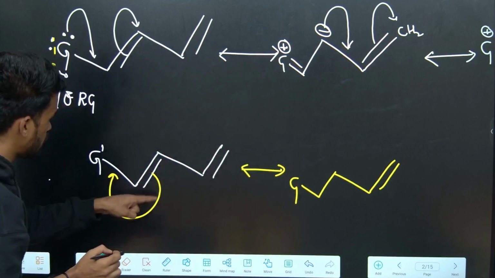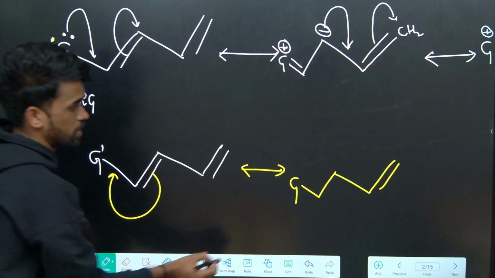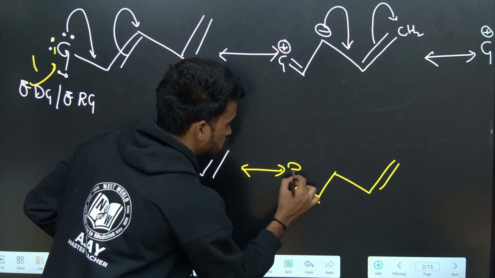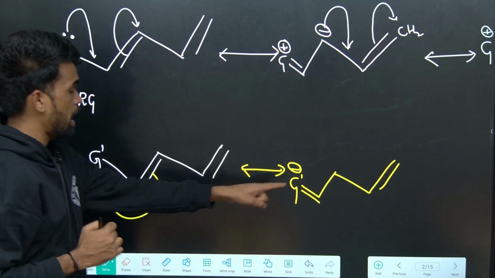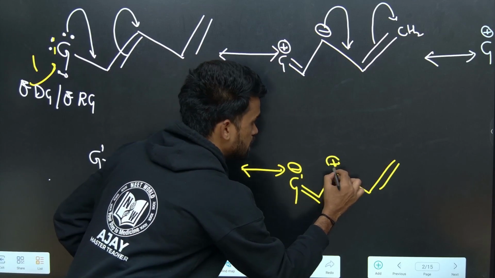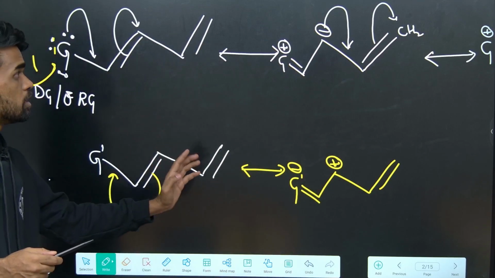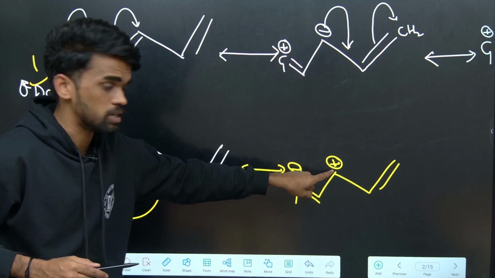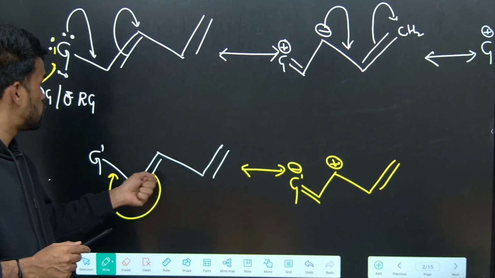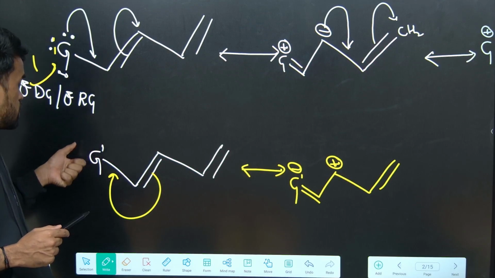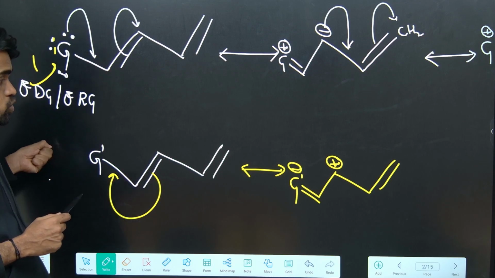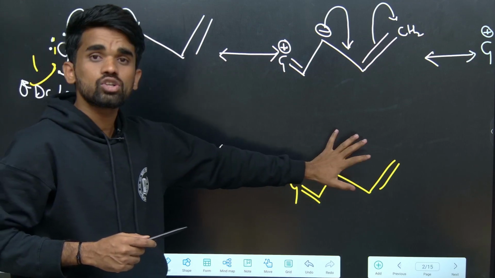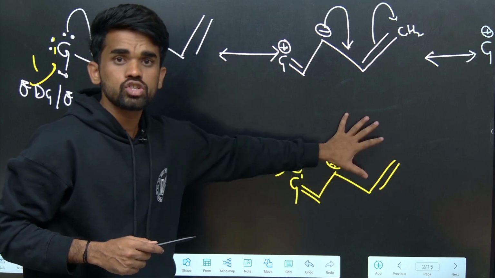See, from here to here this pi bond is shifted, so therefore this G dash is getting a negative charge, and here the carbon is getting a positive charge. So in the previous case we had a negative charge, but here we have a positive charge. The group G dash is withdrawing the electrons towards itself and creating electron deficiency in the conjugated system.